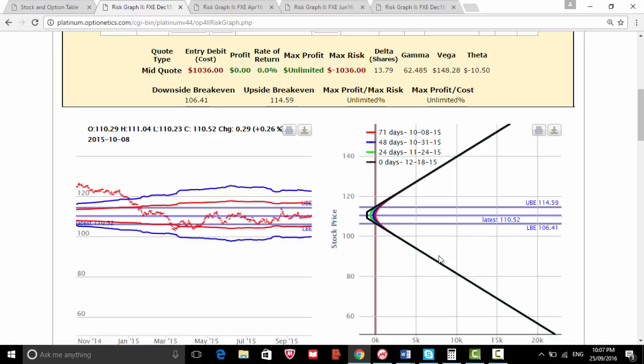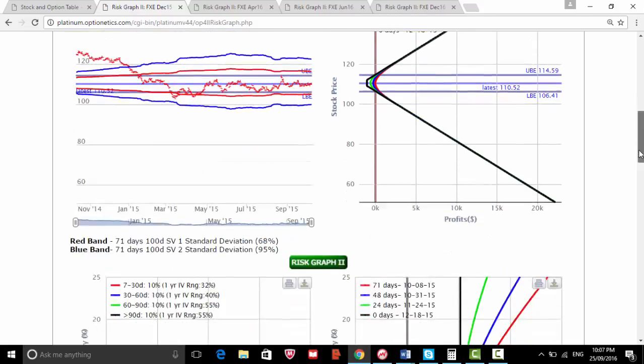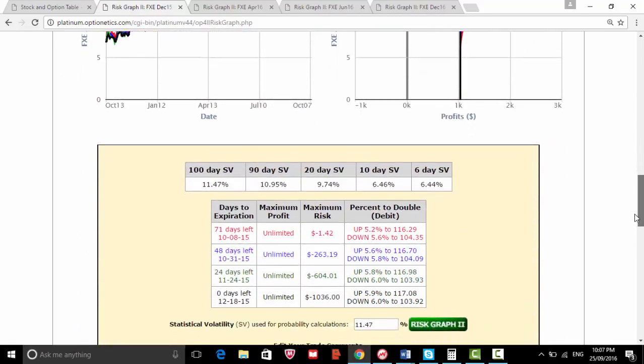Now obviously if the instrument doesn't move, then you're going to lose a bit of money, because in this case the instrument has to move in one direction or the other for this position to actually make money. And how much does it have to move? Well, we just need to move down and look at the calculation.